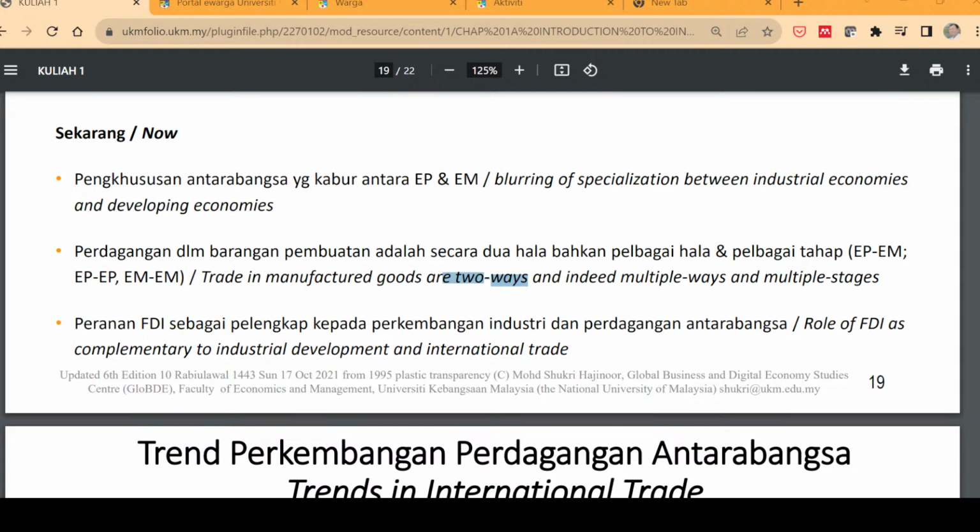What happened? There's a blurring of specialization between industrial economies, which is developed economies.